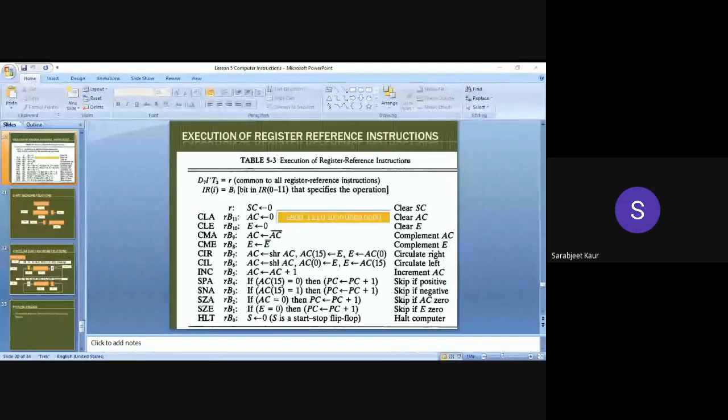But if you remember, I told you that for a register reference instruction or an IO instruction, since I do not have to fetch any operand from the memory, we don't need these bits to specify any memory address, right? So I can put them to another use.